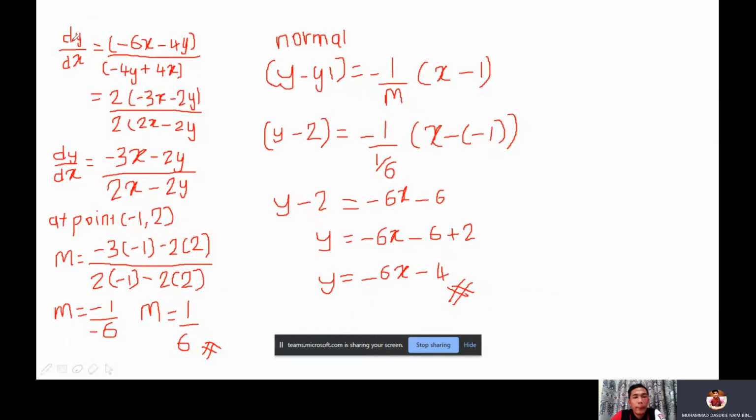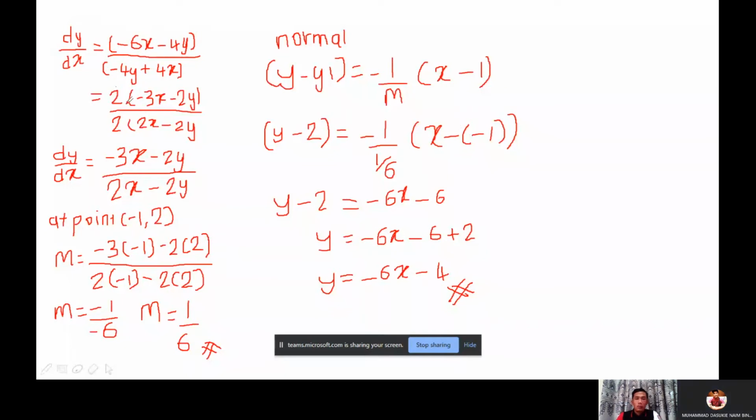You rearrange the differentiation. dy/dx equals, open bracket, negative 6x minus 4y, close bracket, per, open bracket, negative 4y plus 4x, and close bracket. Now you simplify the equation to be simple.